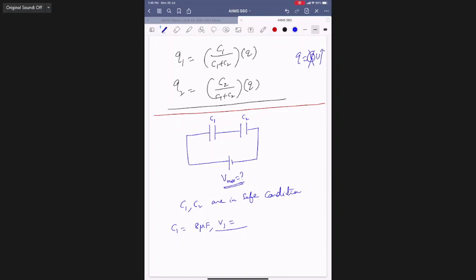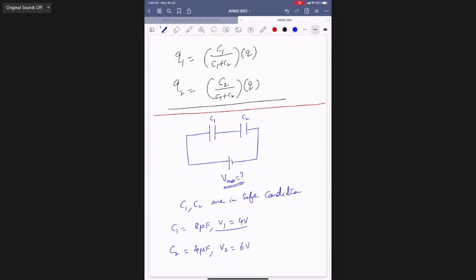More potential difference means more charge, and beyond a certain charge it cannot accommodate. If you cross that value, it will burn off. So V1 is, let us say, 4 volts. And C2 is 4 microfarad, with operating voltage 6 volts.